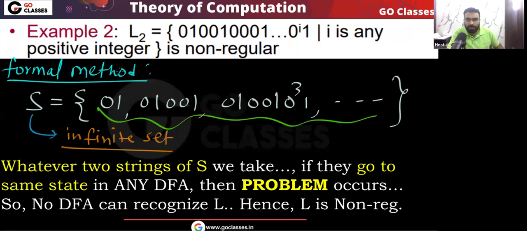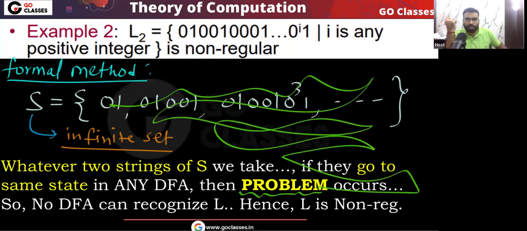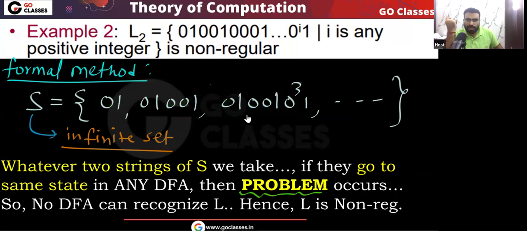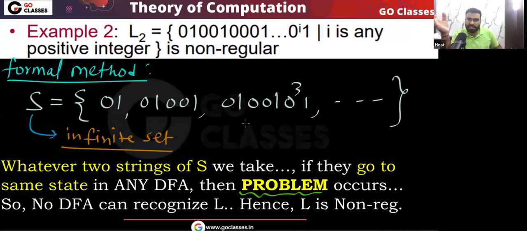Now you tell me a very simple point. If any two of them go to the same state in any DFA, will the problem happen? Yes, the problem will happen. Let me prove it. Because this is an infinite set, there are infinite strings here. Whatever two strings you take from this set, if they go to the same state in any DFA, then the problem will happen.